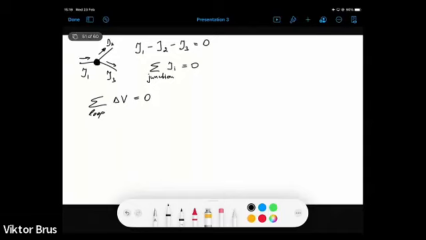So how does it work actually? And yes, we can also write this second Kirchhoff's law, the loop law, as a sum of all products of electric current and resistance.